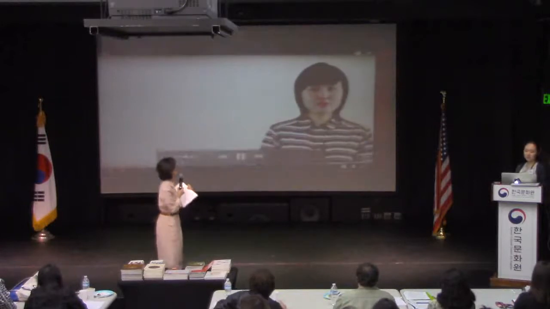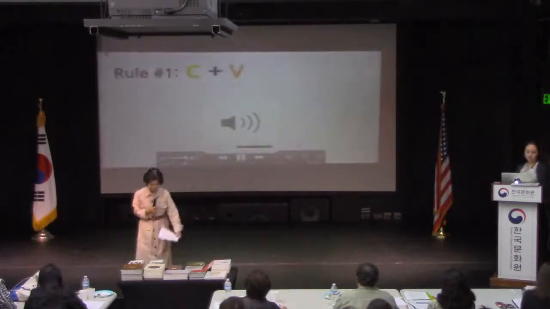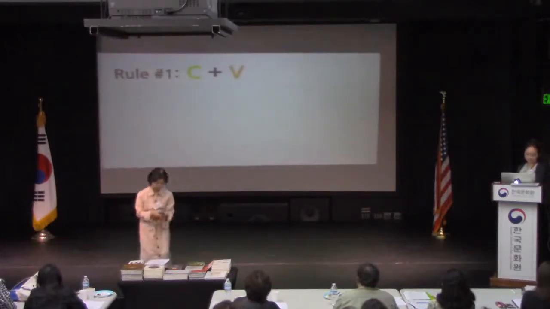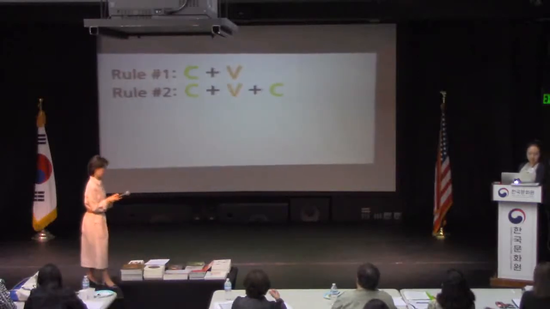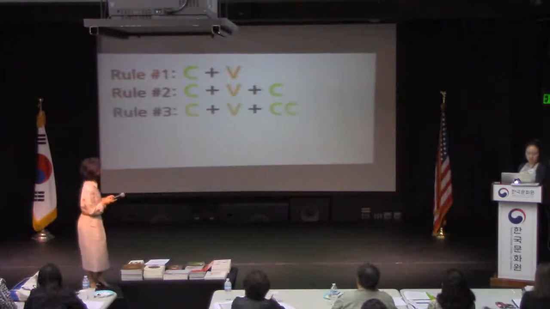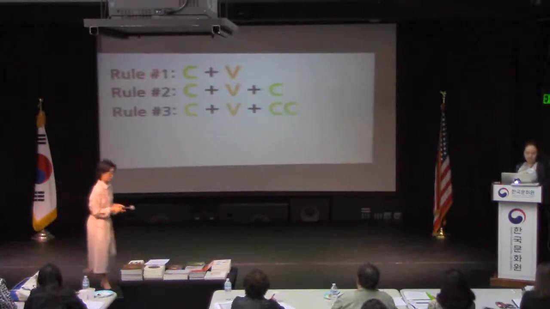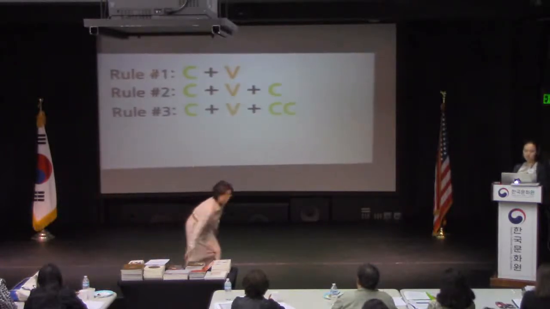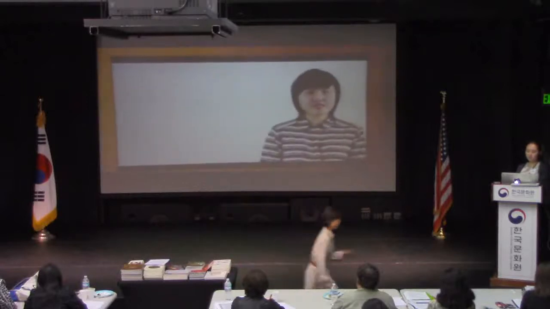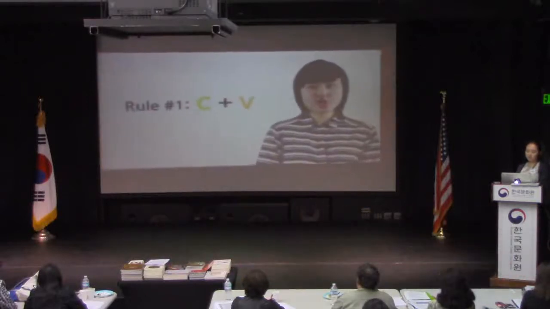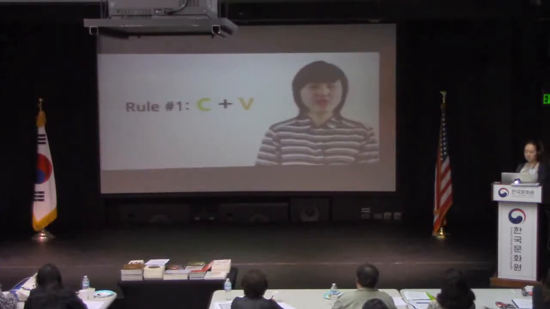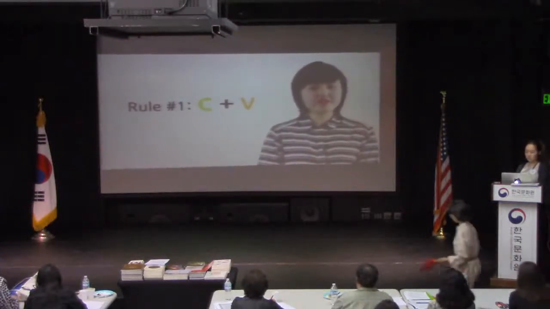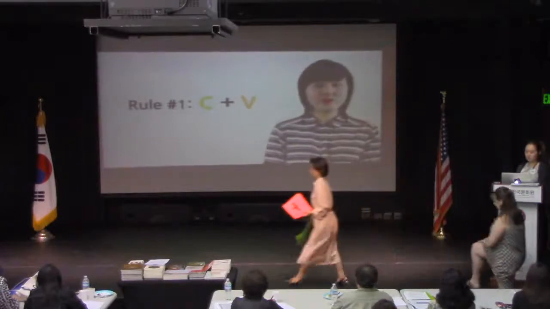So I will write the rules to make a Korean letter. First, a consonant and a vowel. Second, a consonant, a vowel, and another consonant. Third, a consonant, a vowel, and 2 consonants. I will explain once again the first rule using a consonant and a vowel. In Korean, you need to have a consonant first. Therefore, you cannot use a vowel by itself.